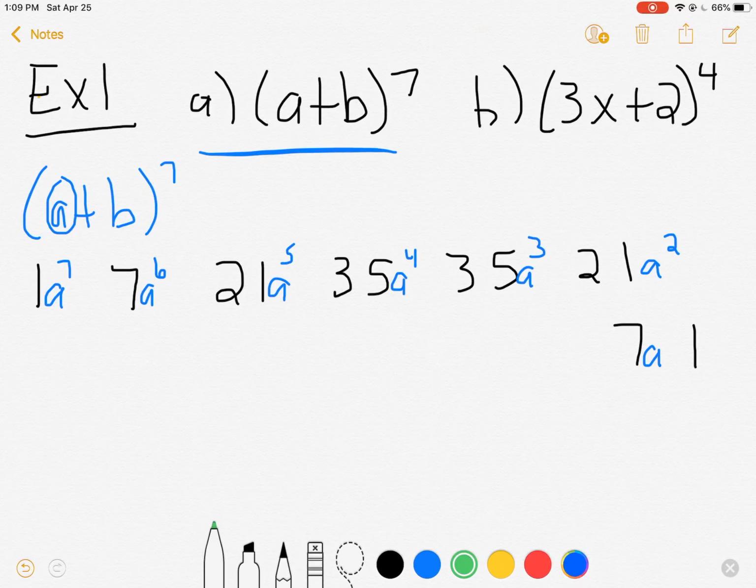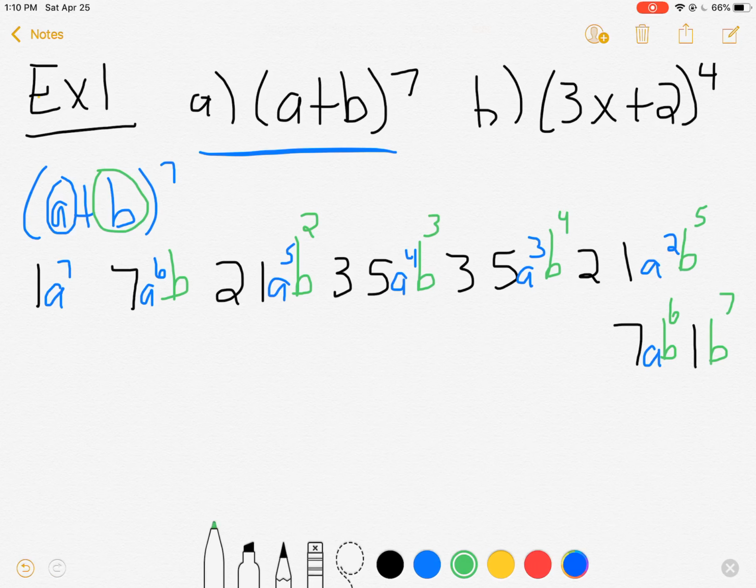Then I start with this second term, and I walk up. So I start here at the end, and this will be b to the 7th, b to the 6th, b to the 5th, b to the 4th, b to the 3rd, b to the 2nd, b, and no b. If there's a plus sign in the middle, then there'll be plus signs separating all of my terms.